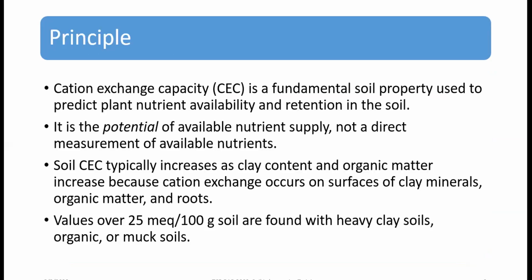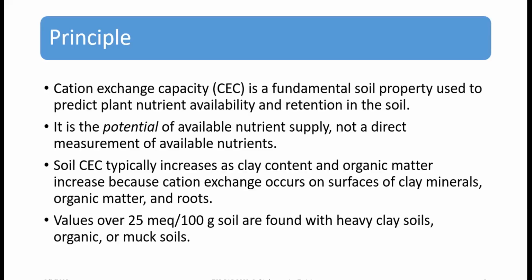Basically, the negative charge sites of the soil particles are attracting or holding the positive charge cations, basically calcium, magnesium, sodium, potassium, in these sites.